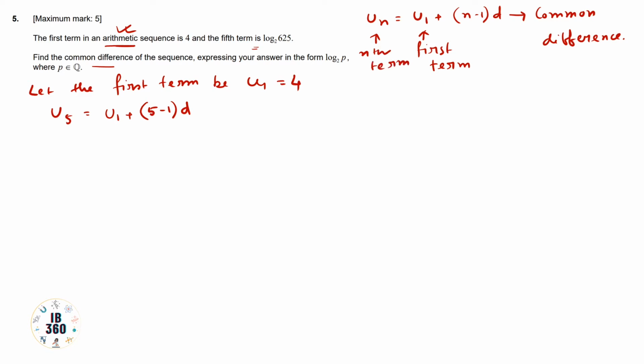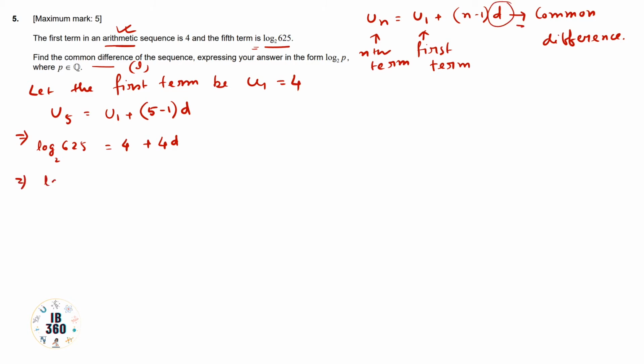So from the formula, u5 is given as log base 2 of 625. So I am writing log base 2 of 625 equals the first term, 4, plus 4d. We have to find the common difference, that is d.